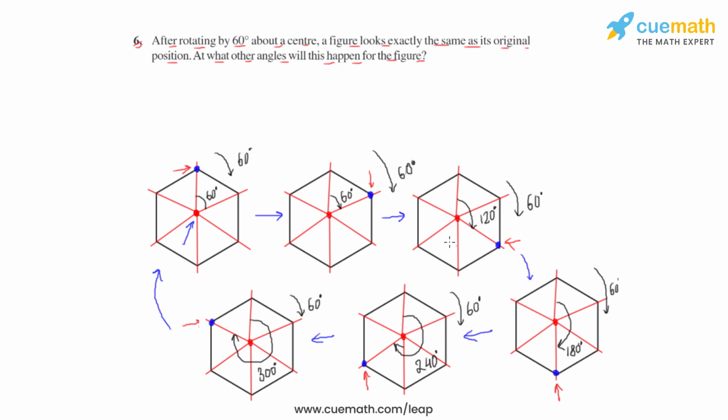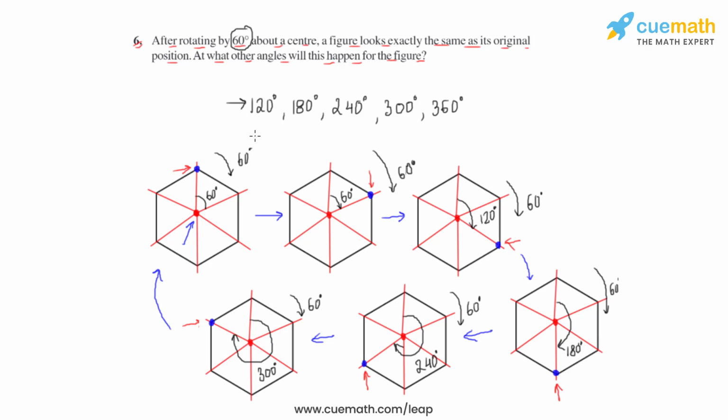Now see, these are the angles which will give us the exact same figure as the initial figure. So we can say that whenever we have a given angle in the question, if the figure is rotated by different angle measures which are multiples of this given angle, we'll get the exact same figure, which in this case are 120 degrees, 180 degrees, 240 degrees, 300 degrees, and 360 degrees.